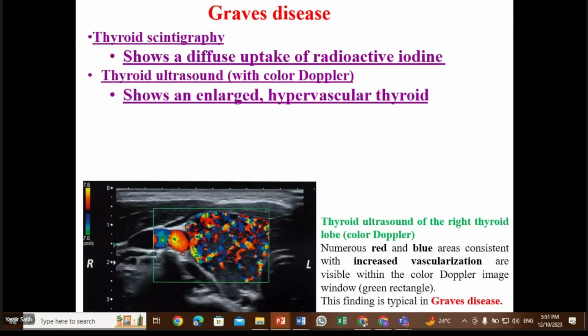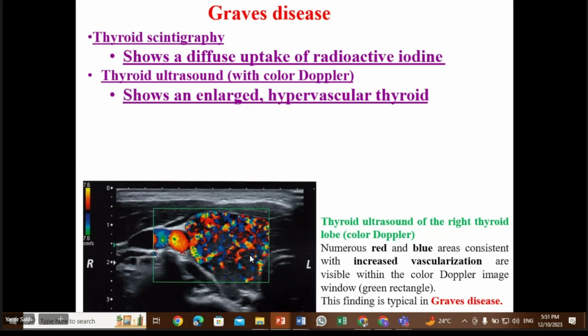Graves disease: how is it shown on ultrasound and nuclear scintigraphy? On ultrasound, we do color Doppler, which usually shows an enlarged thyroid lobe with increased vascularity.